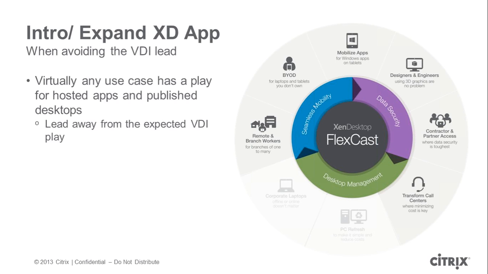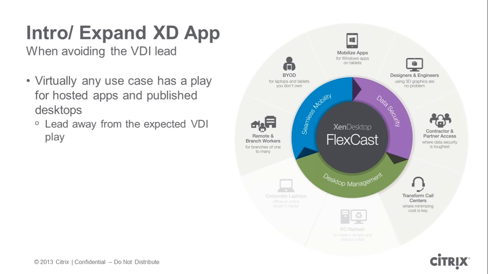We allow you to use this Wheel of Fortune for introductions and expanding on leveraging our Zen Desktop App Edition, meaning a lot of those bread and butter Zen app use cases where you don't want to necessarily lead with VDI, but instead lead with that traditional Zen app use case.